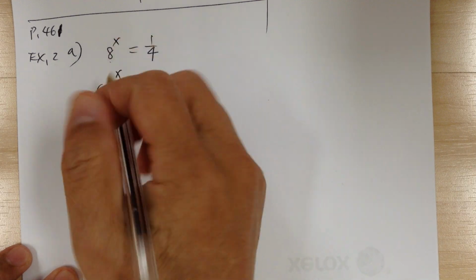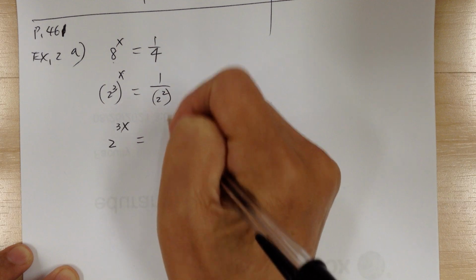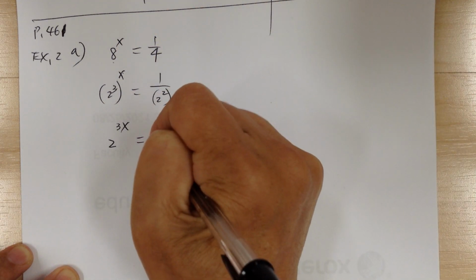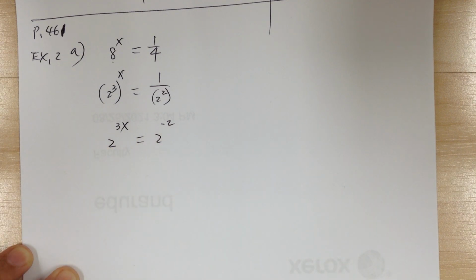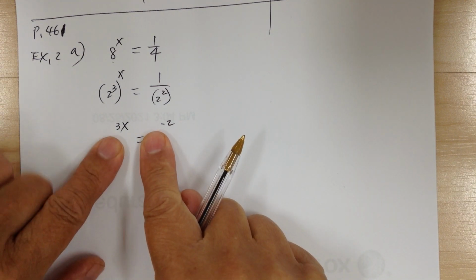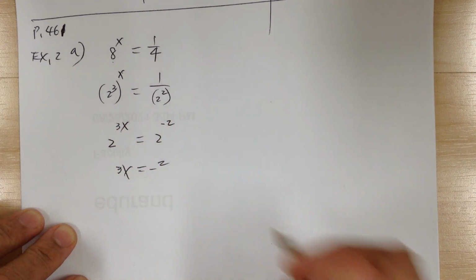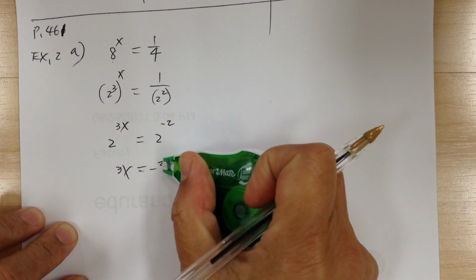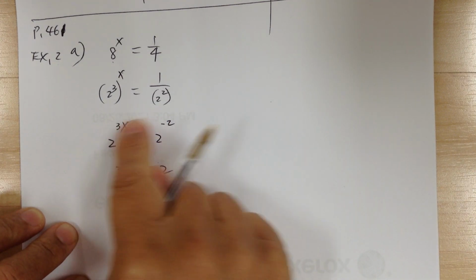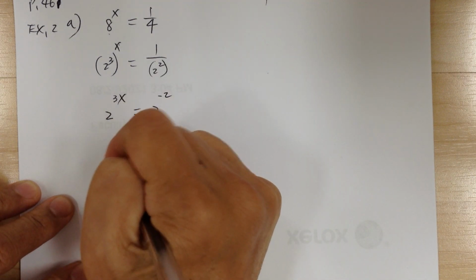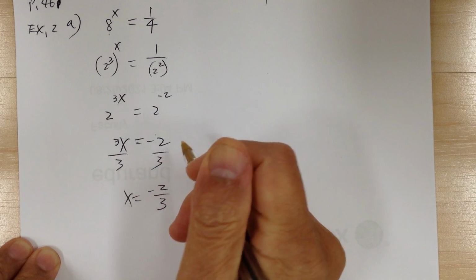Then you apply the power rule, so this becomes 2 to the 3x, and this one you flip over, so it becomes 2 to the negative 2. Now you can play the matching game: in order to be equal, they have to match, so 3x equals negative 2. Then divide by 3, so x equals negative 2 over 3.